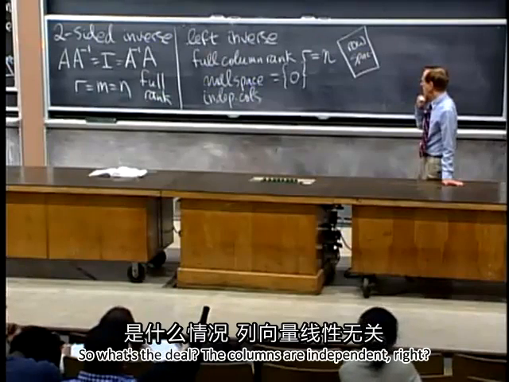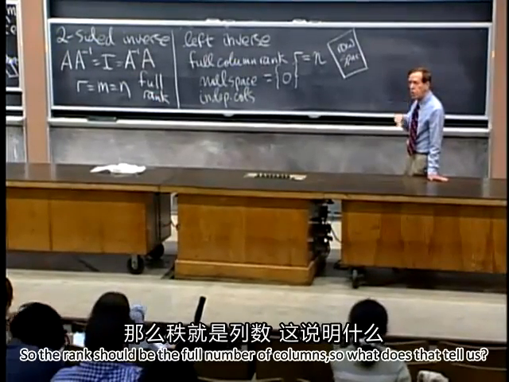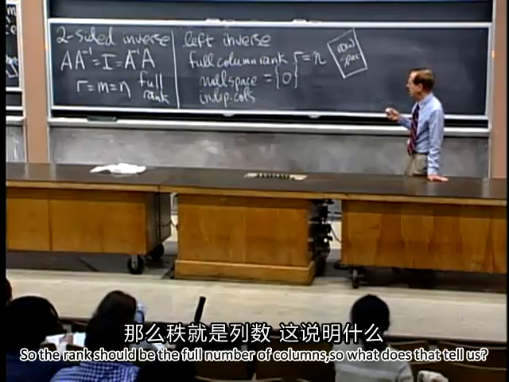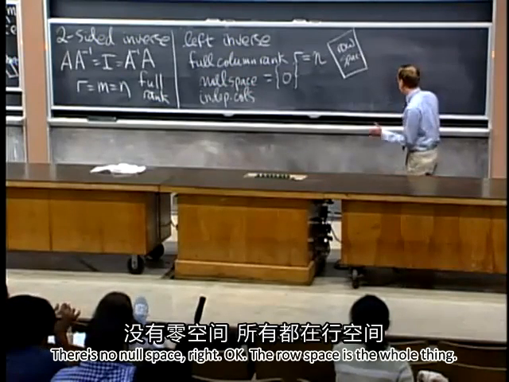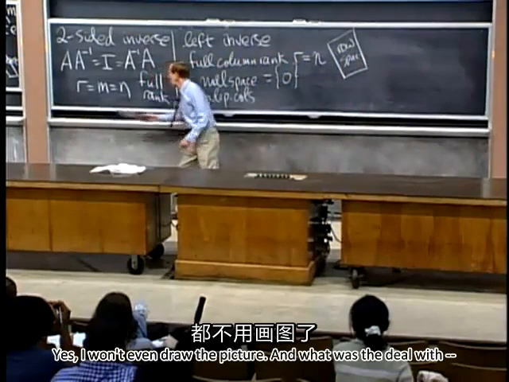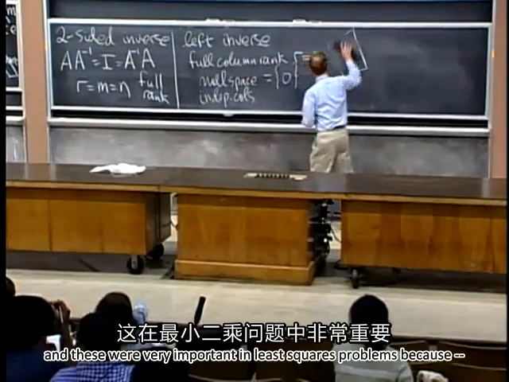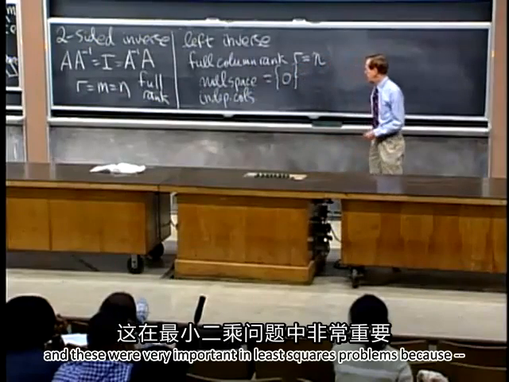The columns are independent, so the rank should be the full number of columns. What does that tell us? There's no null space, right? Okay, the row space is the whole thing. Yeah, I won't even draw the picture. And these were very important in least squares problems.